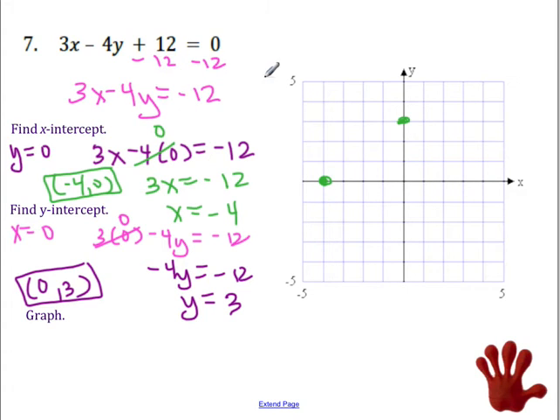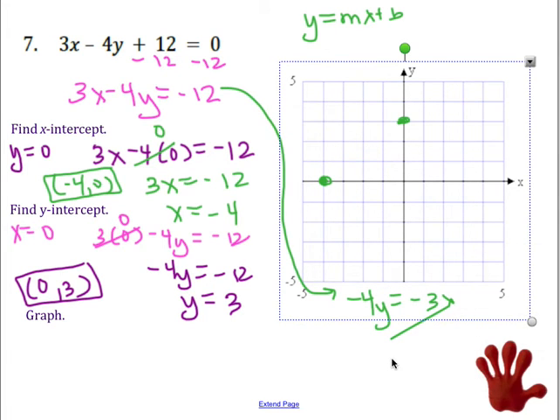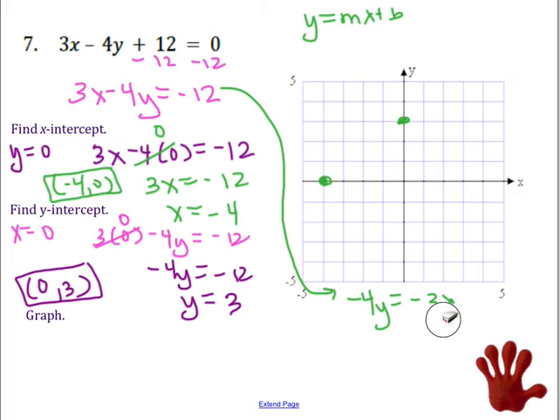Let's put this into slope-intercept form. Remember, slope-intercept is y equals mx plus b. Okay, so we're going to do that. So if I do that with this guy, I would subtract 3x to the other side. So I'd have negative 3x minus 12.